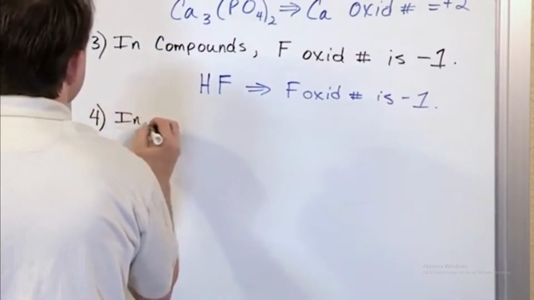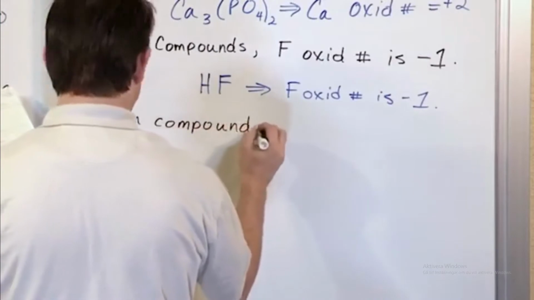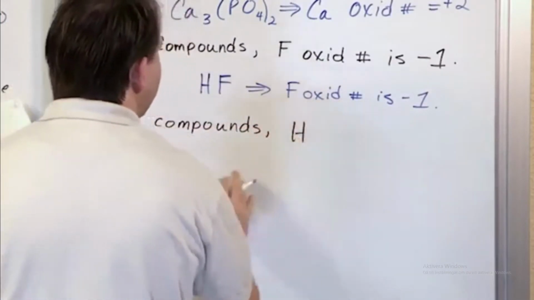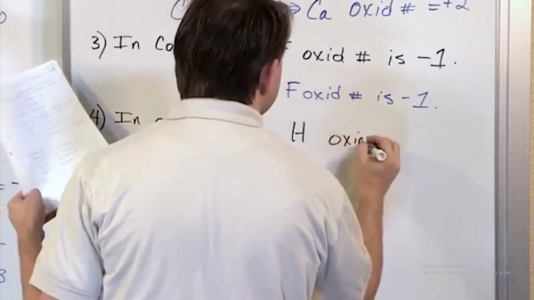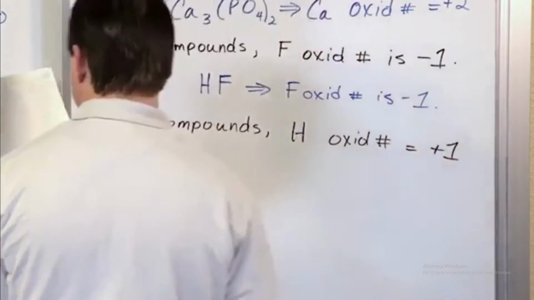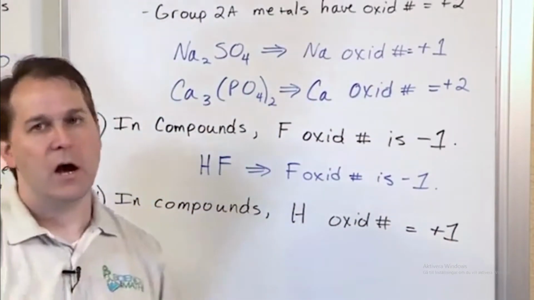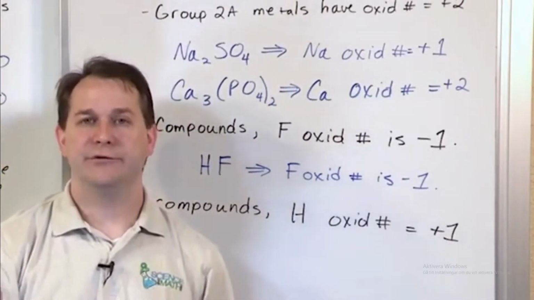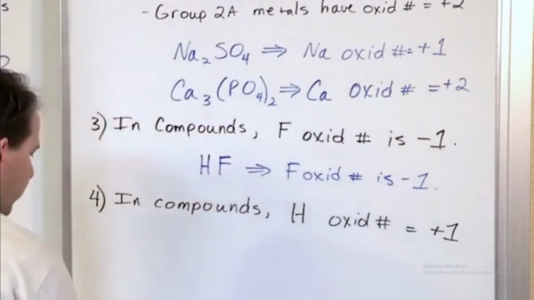All right, so let's look at rule number 4. In compounds, the element hydrogen has oxidation number equal to +1. Okay, so if you think about that, that makes sense, because if you look at hydrogen on the periodic table, hydrogen is in that first column, and it usually does like to have a charge of +1, right?